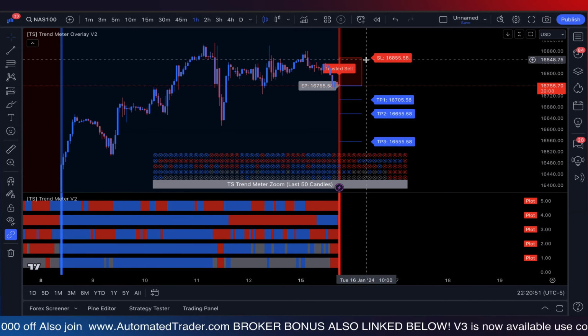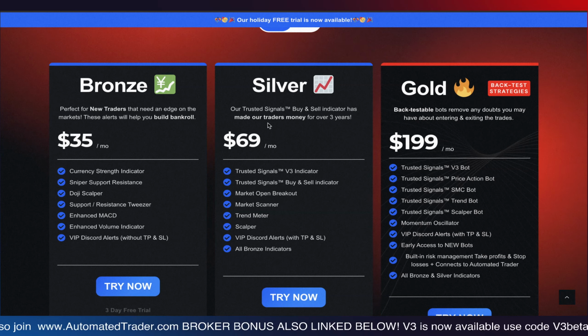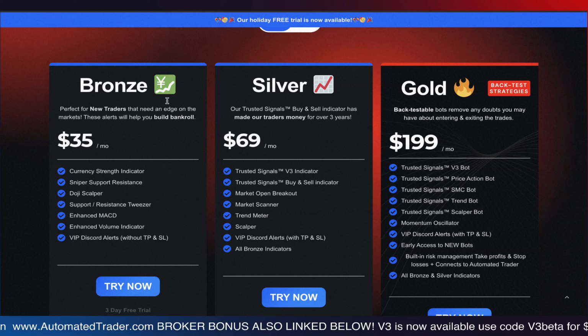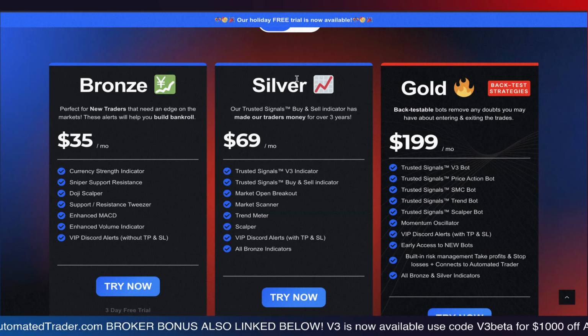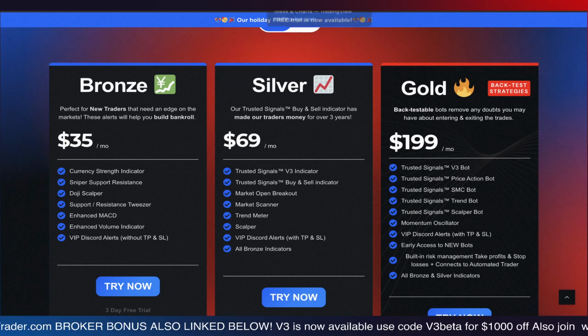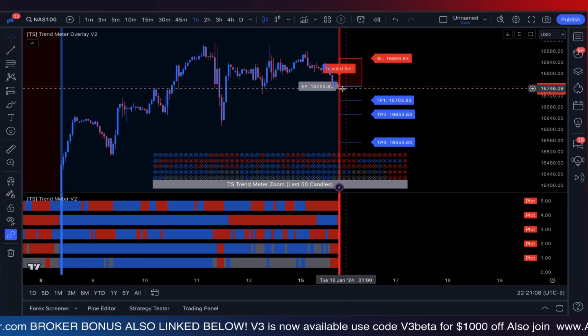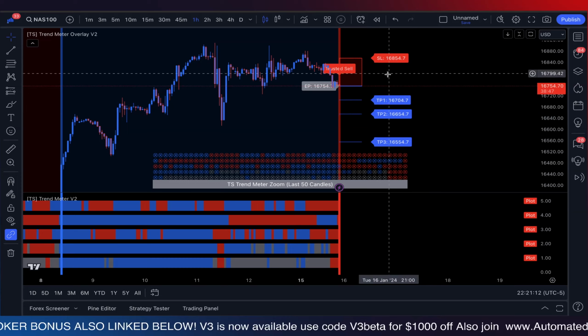Now, keep in mind that you can also take these manually with the overlay. And the reason is that essentially what we want to do is make you a lot of money for free. Then you join the bronze, then you join the silver, and then eventually you join the gold because you can see how powerful our tools are. This is literally us live in a trade right now, and we're seeing exactly how it looks.